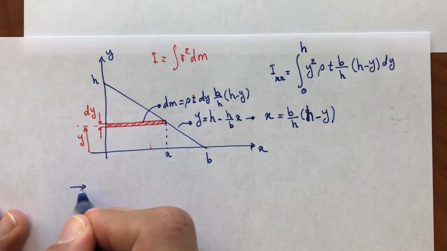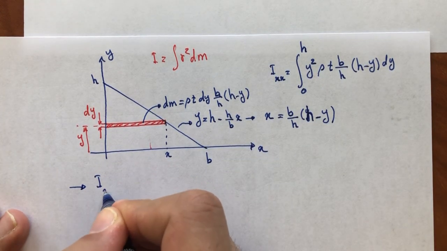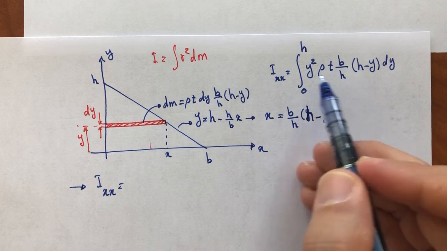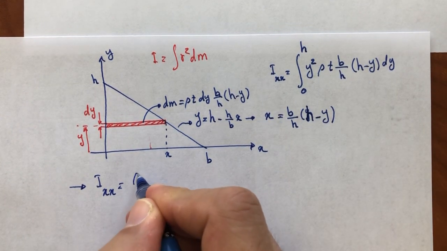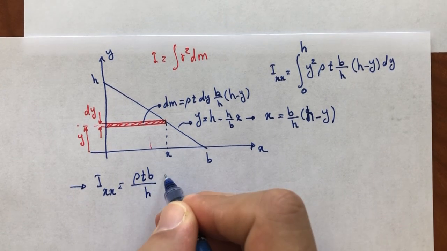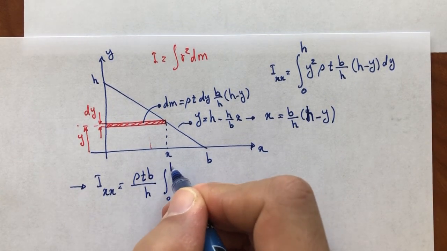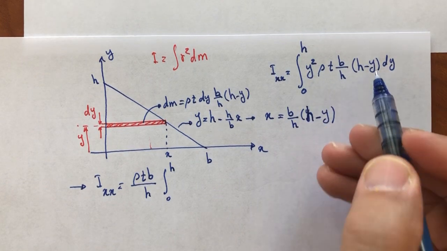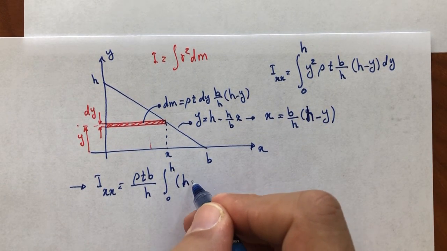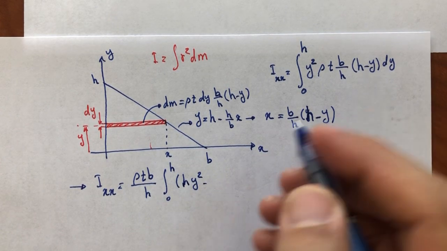So let's write the remaining here. Ixx is equal to, these are all constants, so I can take them out of the integral, rho t b over h times the integral from 0 to h of y squared times (h minus y) dy, which is y squared times h minus y cubed.